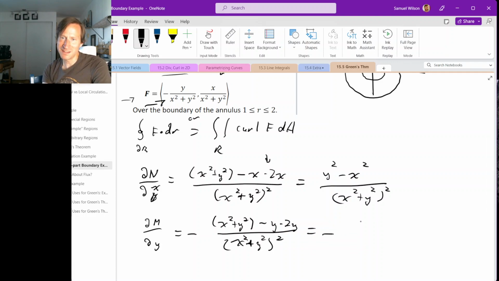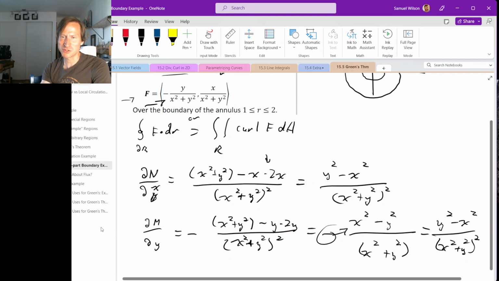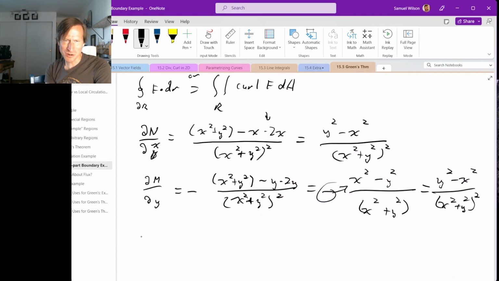Okay, so this is minus, looking at the x's, we get an x squared, looking at the y's, we get a minus y squared, over x squared plus y squared, squared. But now we can use this minus sign to turn that subtraction around. So we get y squared minus x squared over x squared plus y squared, squared.